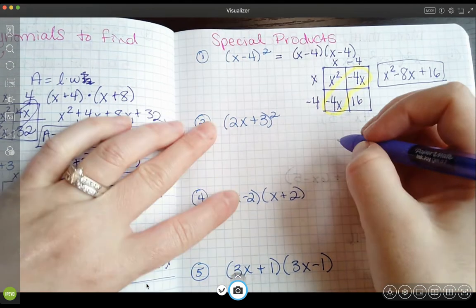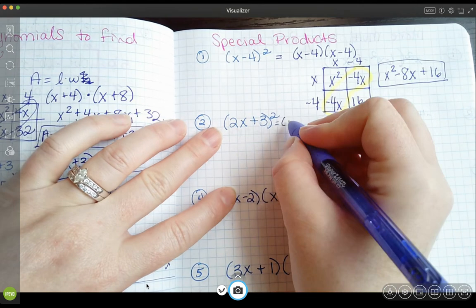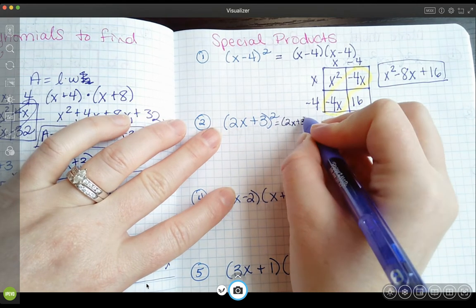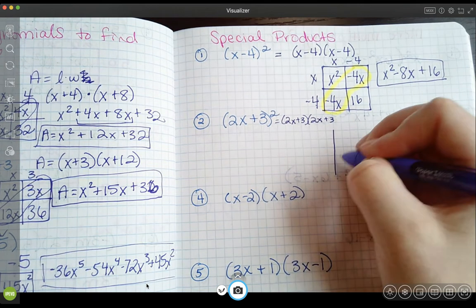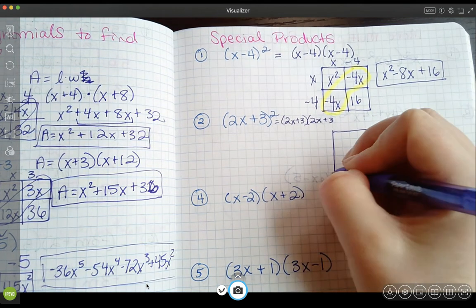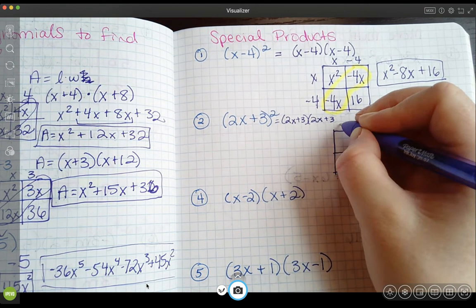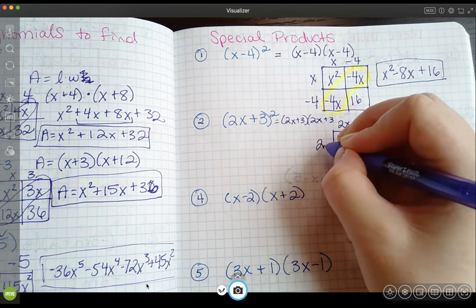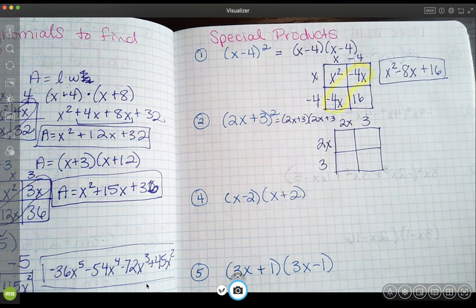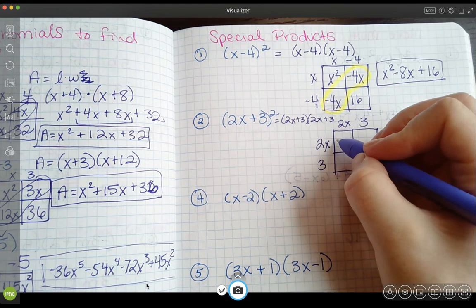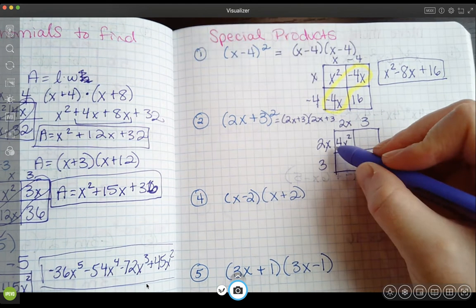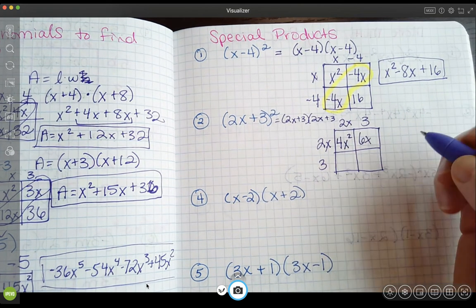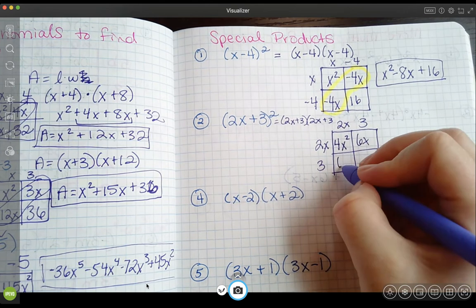Okay, the next one, 2x plus 3 squared just means 2x plus 3 times 2x plus 3. So 2 times 2, 4, x times x, x squared. 2x times 3 is 6x. 2x times 3 is 6x.